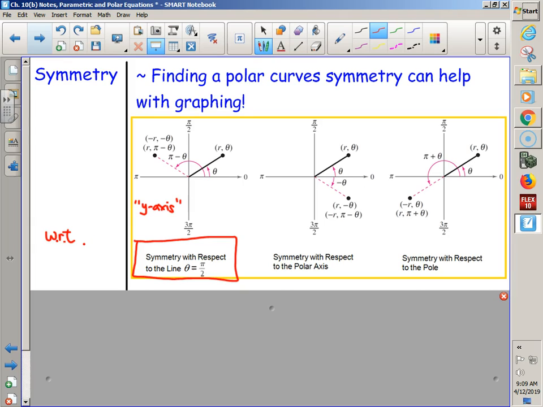Hey guys, what trig function has the exact same values in the first quadrant and the second quadrant? Sine, because with cosine, the signs change, right?